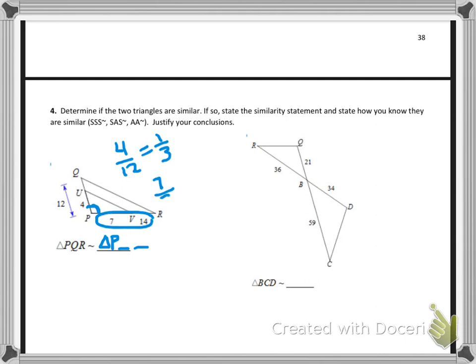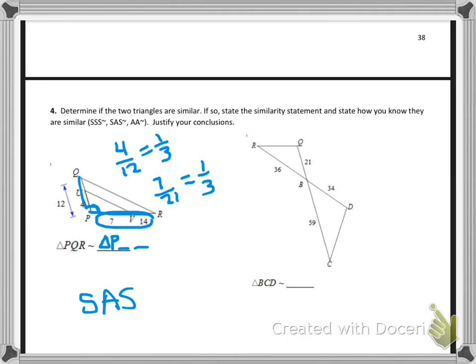If I add those together, I get 21. 7 out of 21 equals 1/3. So that checks out. So I can say that this is a similar case by SAS, because I have a side, an angle, and a side.